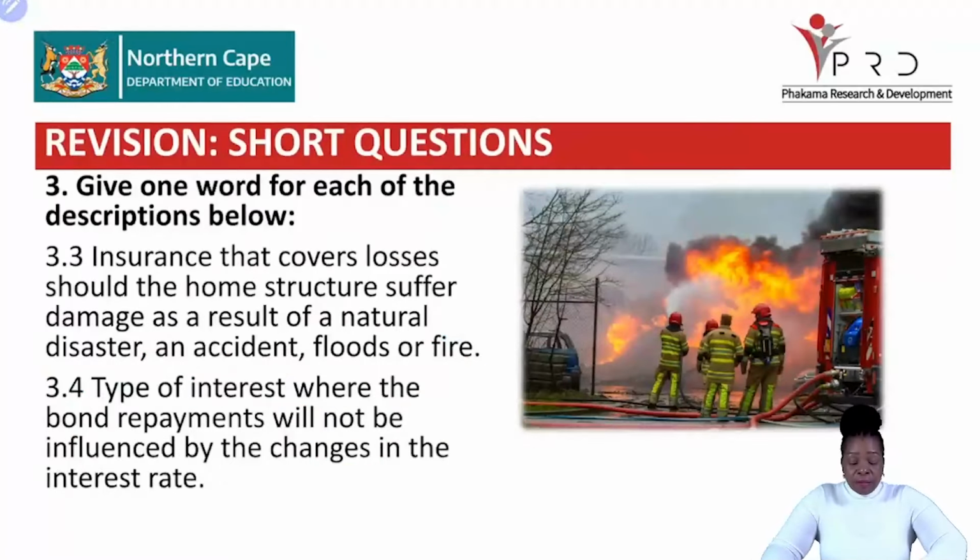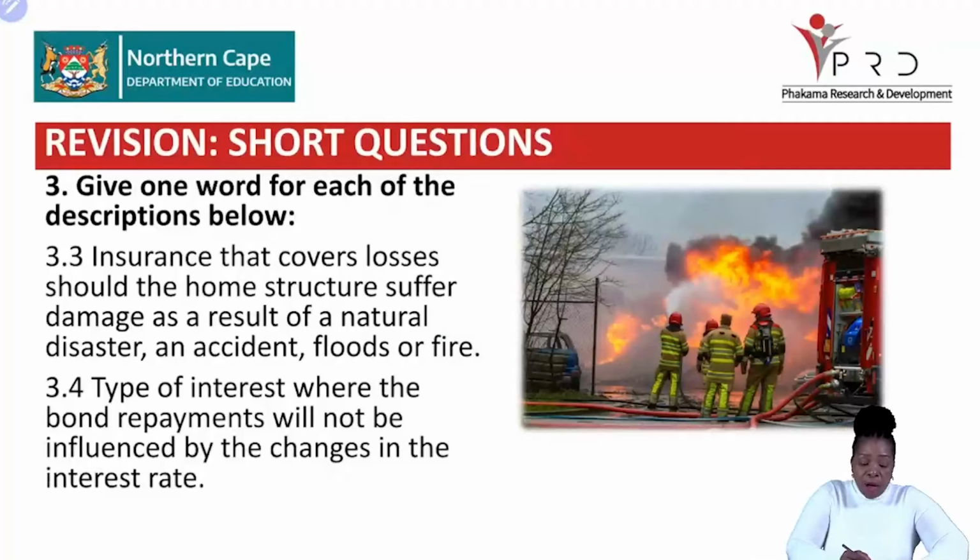The other short question is 3.3, which says insurance that covers losses should the home structure suffer damage as a result of a natural disaster, an accident, flood, or fire. Right.